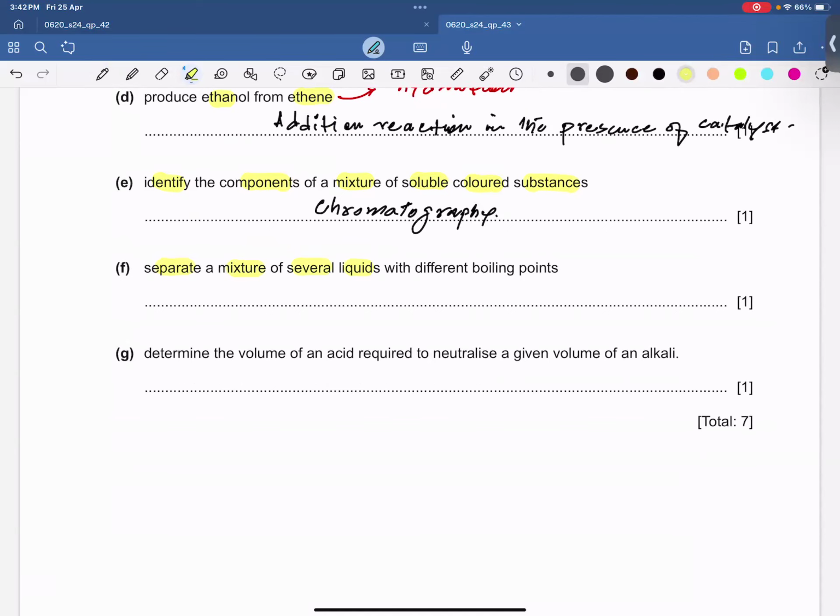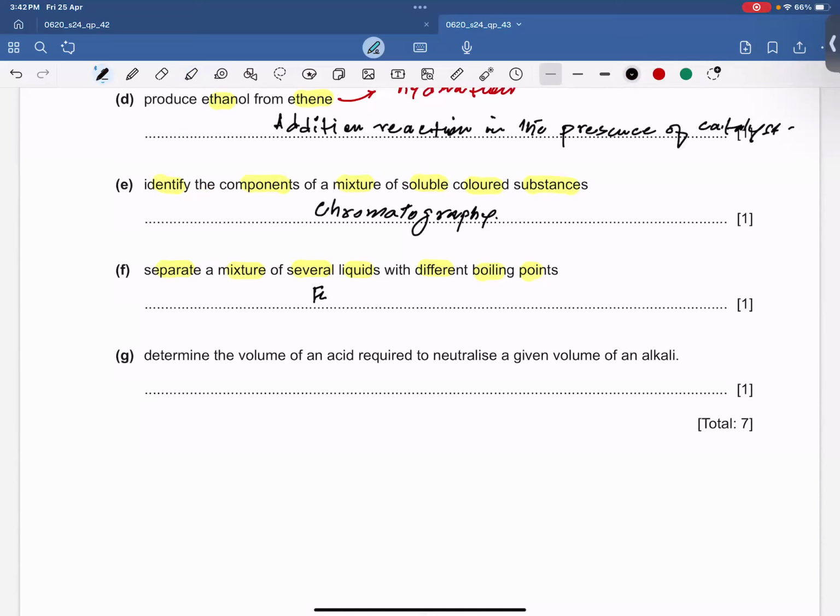Separate mixture of several liquids from different boiling point. Fractional distillation. और ज़्यादा बेस्ट ये है कि हम आखिरी वाला भी देख लें.